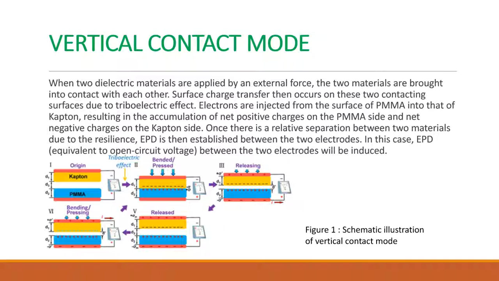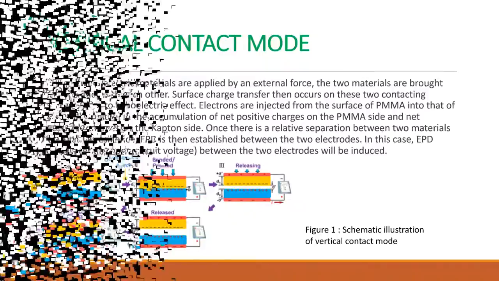Electrons are injected from the surface of PMMA into that of Kapton, resulting in the accumulation of net positive charge on the PMMA side and net negative charge on the Kapton side. Once there is a relative separation between the two materials due to resilience, a potential difference is then established between the two electrodes. In this case, a potential difference equivalent to the open circuit voltage between the two electrodes will be induced.